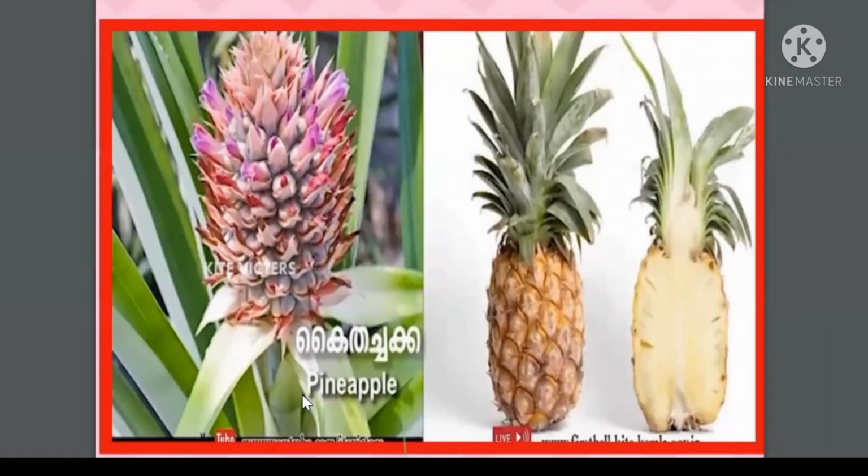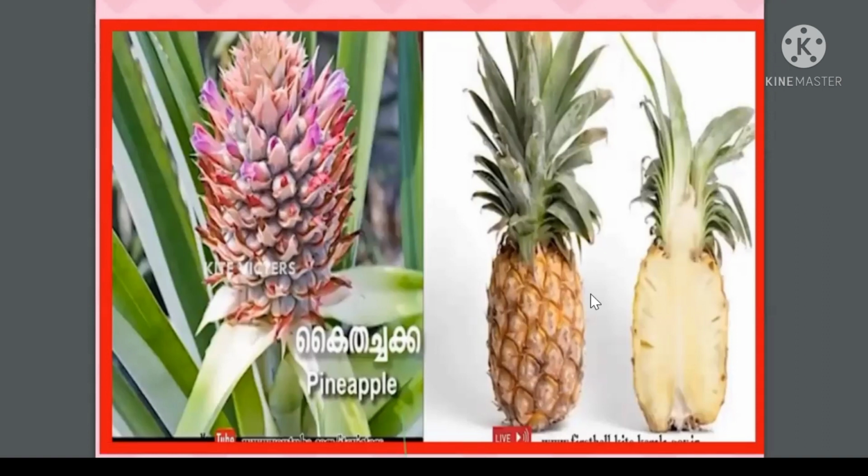What is this? Yes, you are right. Pineapple. Very sweet fruit, no? Here we can see this fruit is growing. Here the full fruit, and this is a section of this fruit, pineapple.